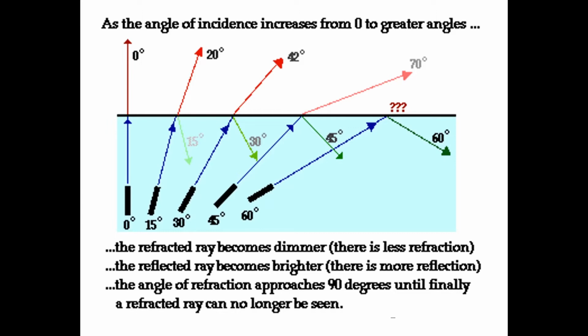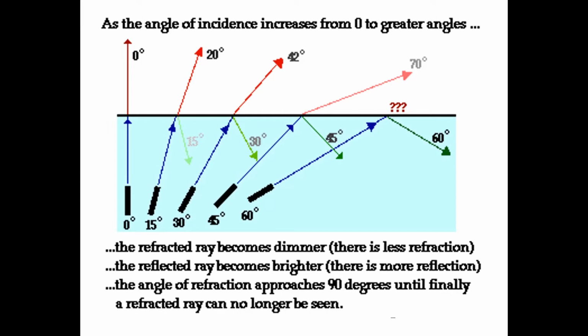Here's how it works. By the way, the light rays are going from the bottom to the top. The incident ray in blue is in the water, and the refracted ray in red is in the air. Starting from the left, if an incident ray crosses the medium boundary without any angle, there's no refraction.